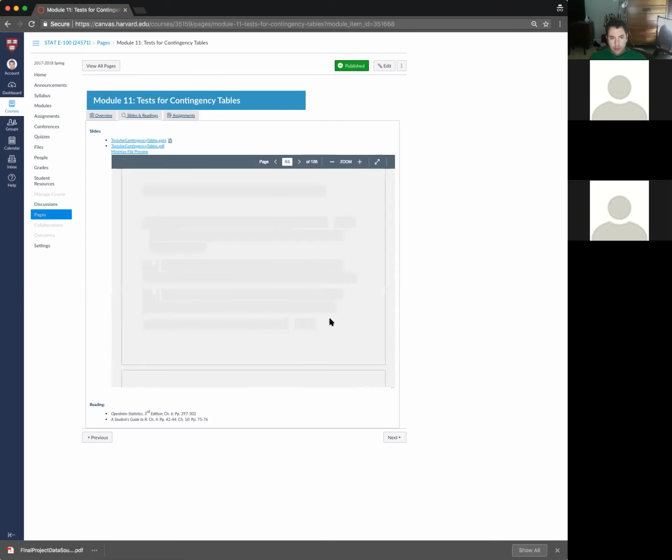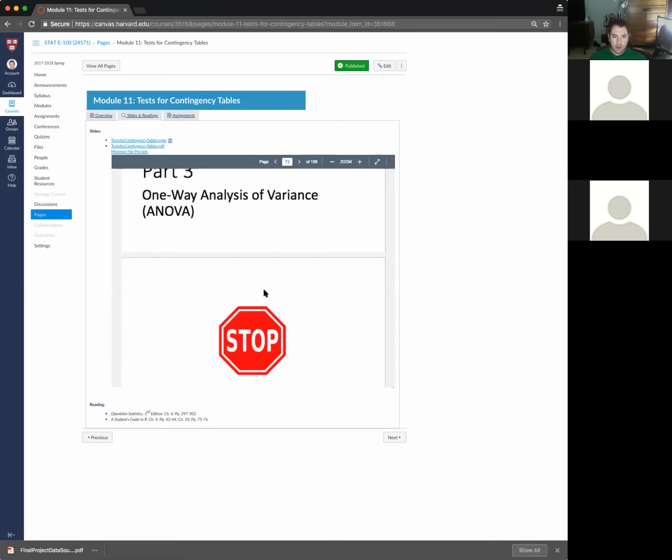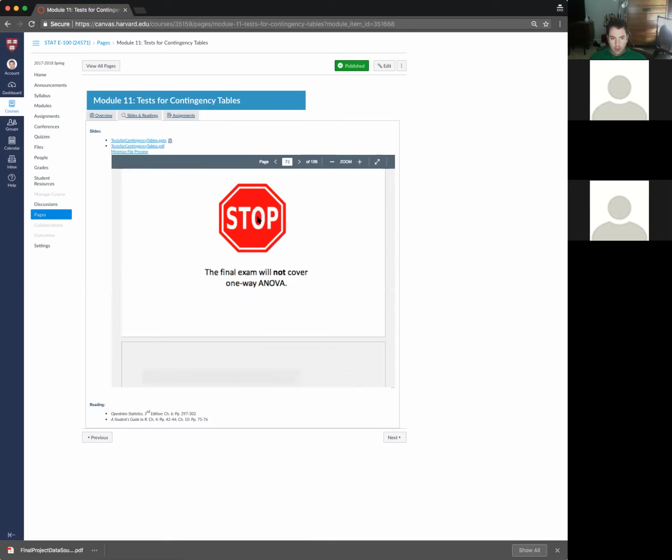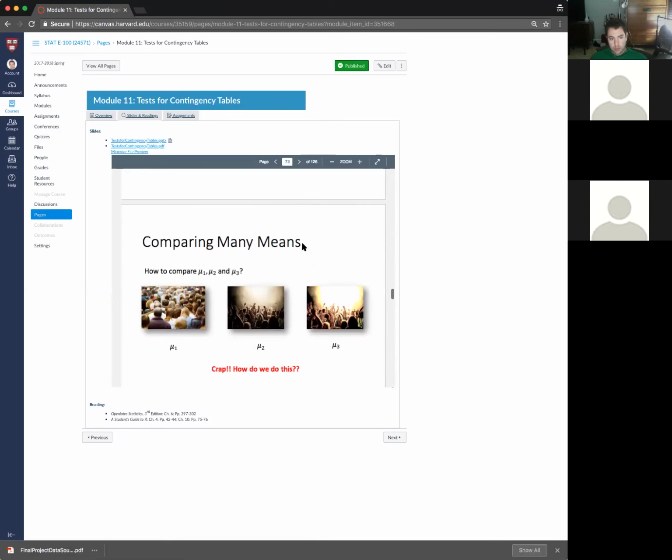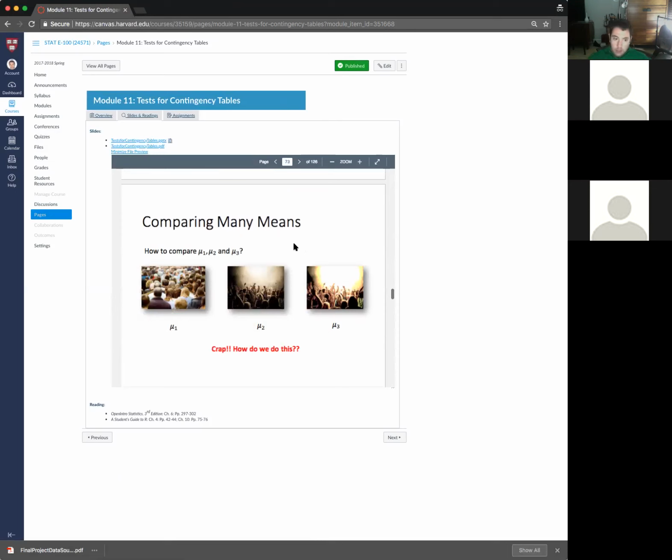And then there was another test that we covered in this lecture as well, called ANOVA, which is the one-way analysis of variance test. And just know the final exam will not cover ANOVA, but the whole idea of what ANOVA does is we have our test for means where we can use a t-test to compare 2 different means.